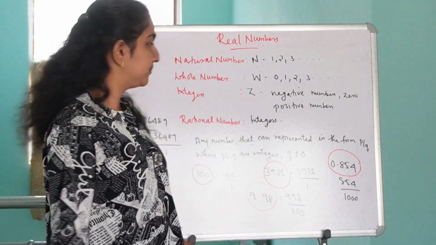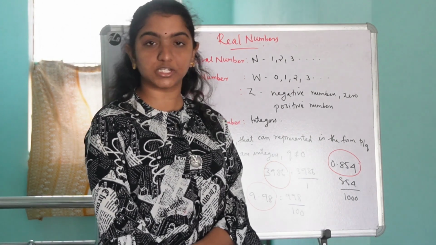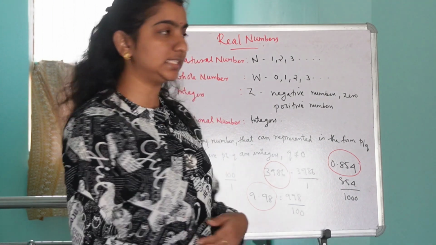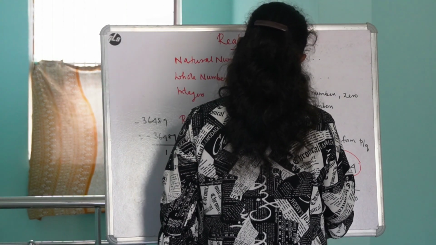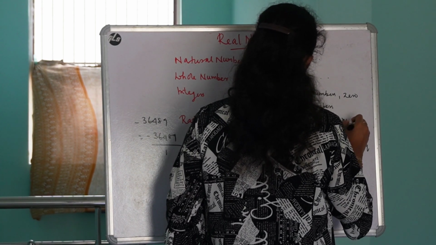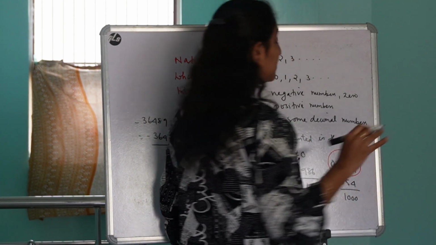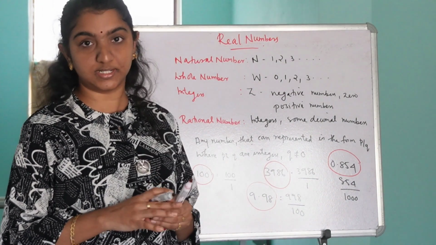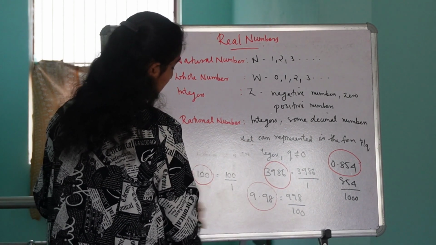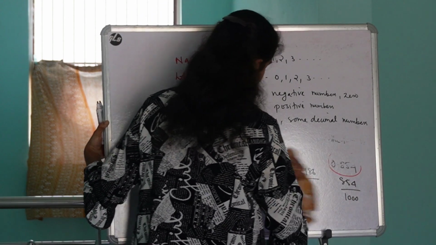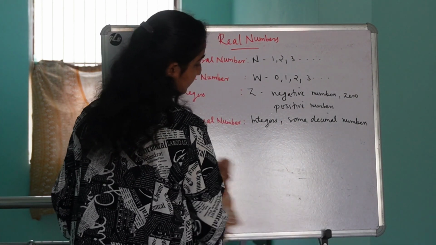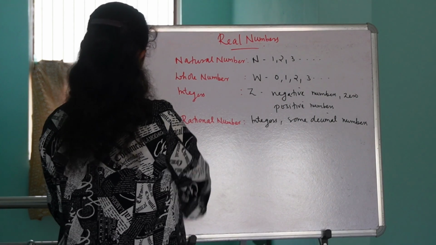So we can conclude the set of rational numbers includes all integers and some decimal numbers. Is it clear, guys? Not all decimal numbers are rational numbers, but some decimal numbers are rational numbers. But all integers are rational numbers.